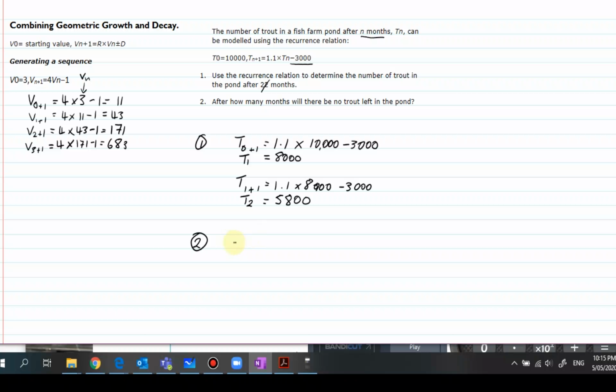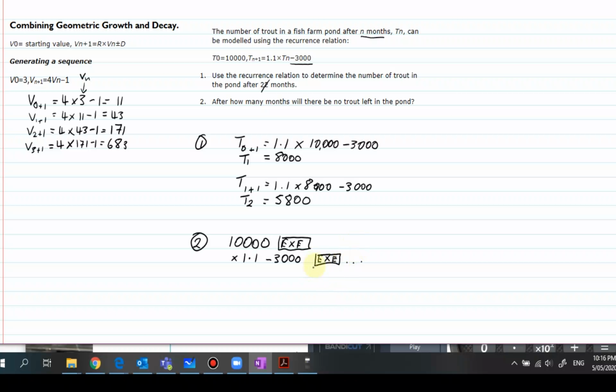We will put in our T0 value, 10,000, and it's common to have an execute button, so we'll hit execute. Then after that, we will punch in multiplied by R, which is 1.1, subtract 3,000, and hit execute again. And again and again until we get to the zero point.